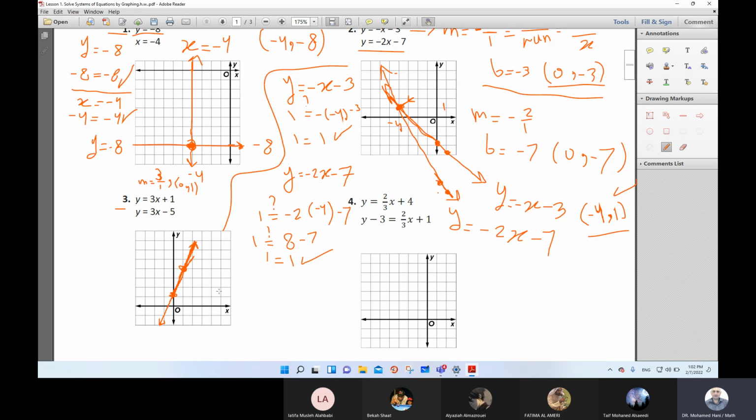This is the first equation. The second equation, as you see, also here we have m equal to 3. And the y-intercept is minus 5, which means we have this point (0, -5). Then represent it.